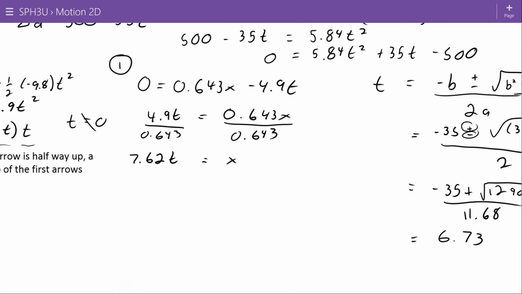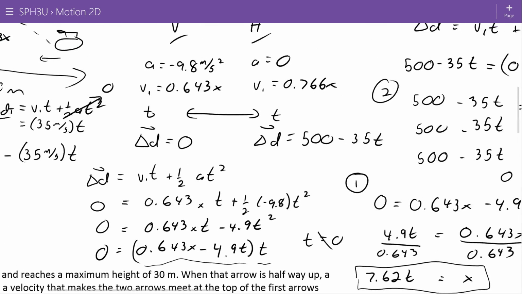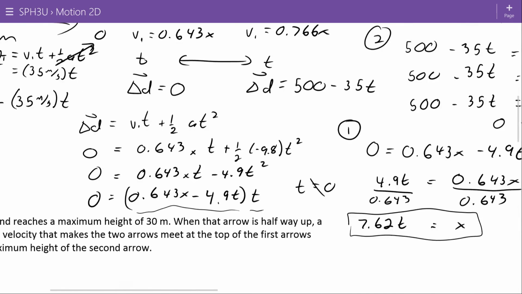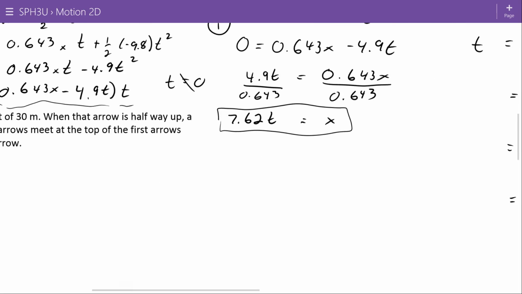Now this equation is my simplest way of getting my 6.73 and converting it into the x, which is my initial velocity. If you go all the way back to the beginning of the question here, I made x the initial velocity. So 7.62 times my 6.73, which is what I got for the time, equals x.